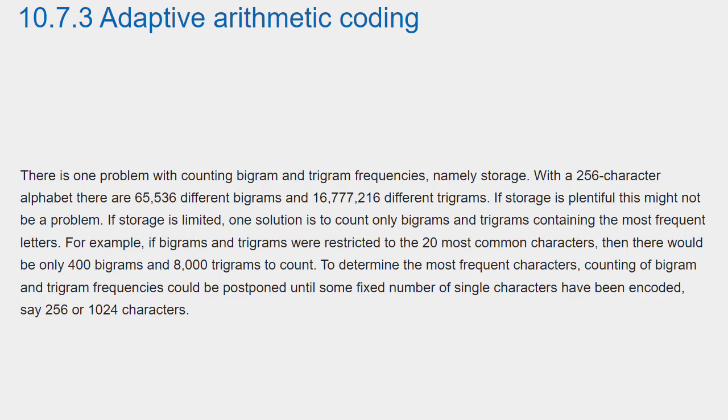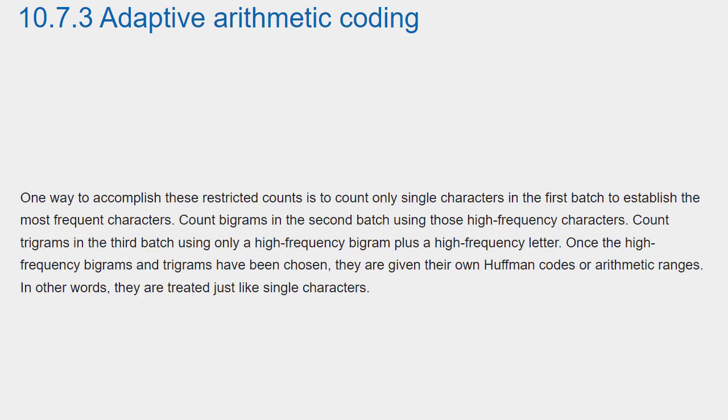To determine the most frequent characters, counting of bigram and trigram frequencies could be postponed until some fixed number of single characters have been encoded, say 256 or 1024 characters. One way to accomplish these restricted counts is to count only single characters in the first batch to establish the most frequent characters.